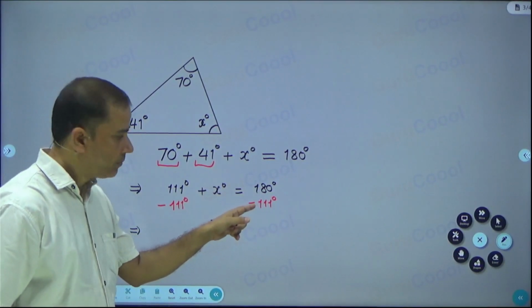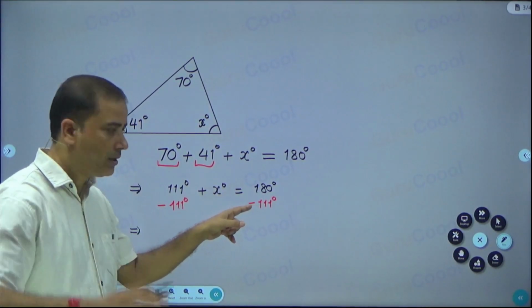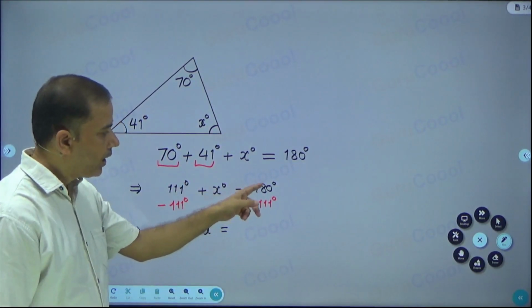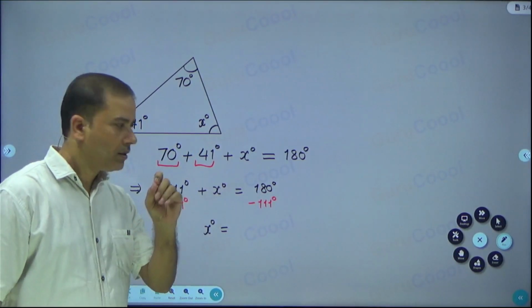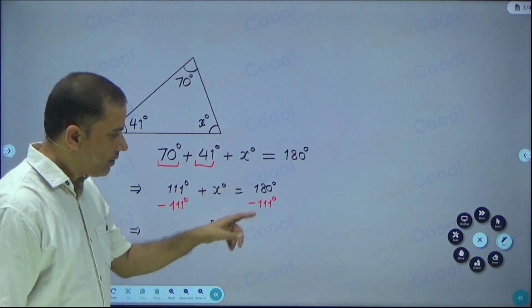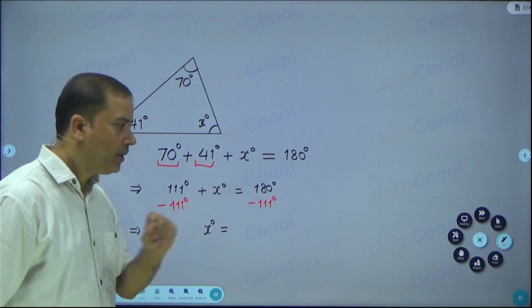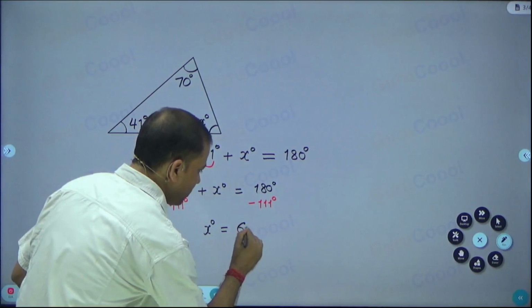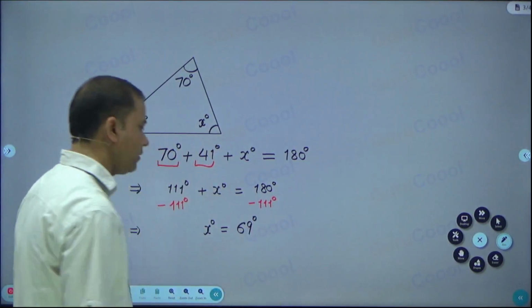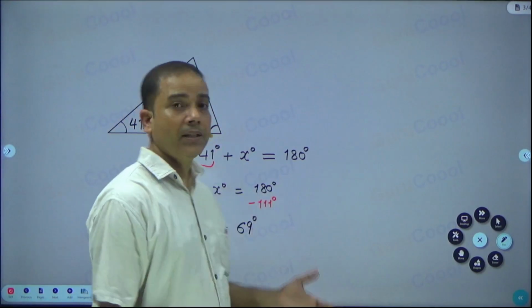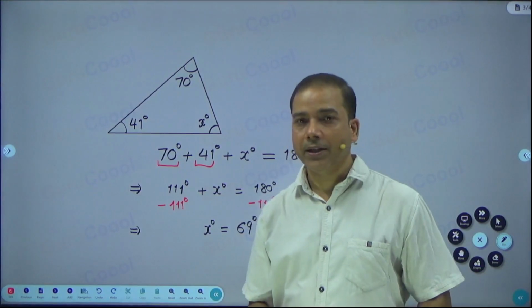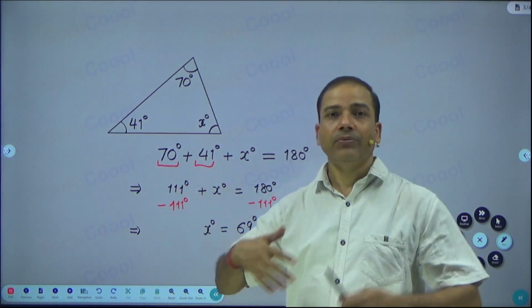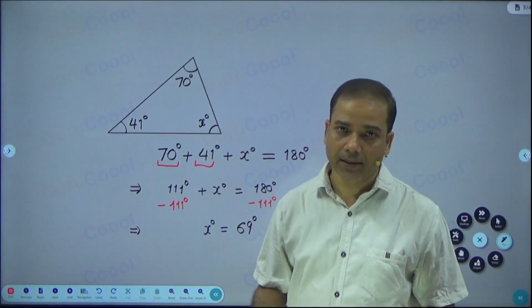So how much is it? 100 minus 100 is neglected. 80 degrees minus 11 degrees. 80 minus 10 is 70, and 70 minus 1 more would be 69. So x is 69 degrees. That missing angle is calculated. We found it. This is the importance, this is the use of the angle sum property of a triangle.